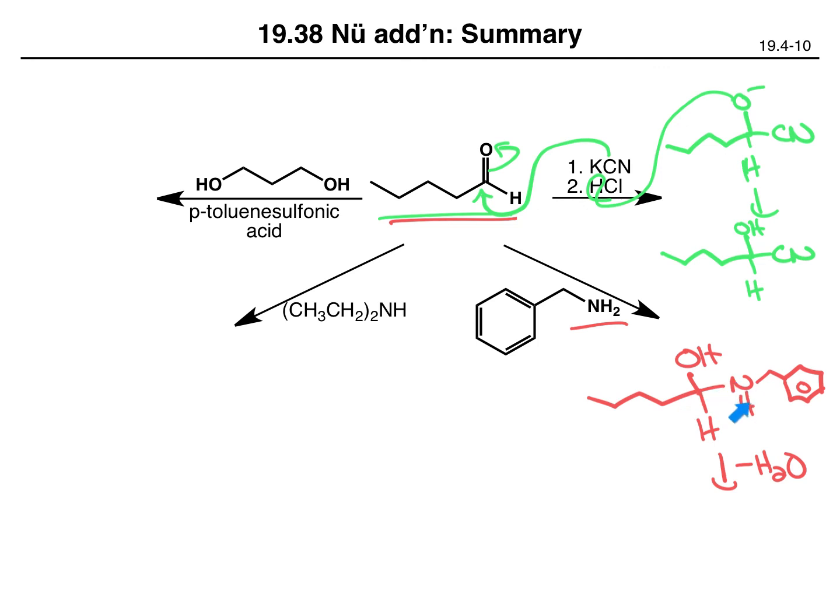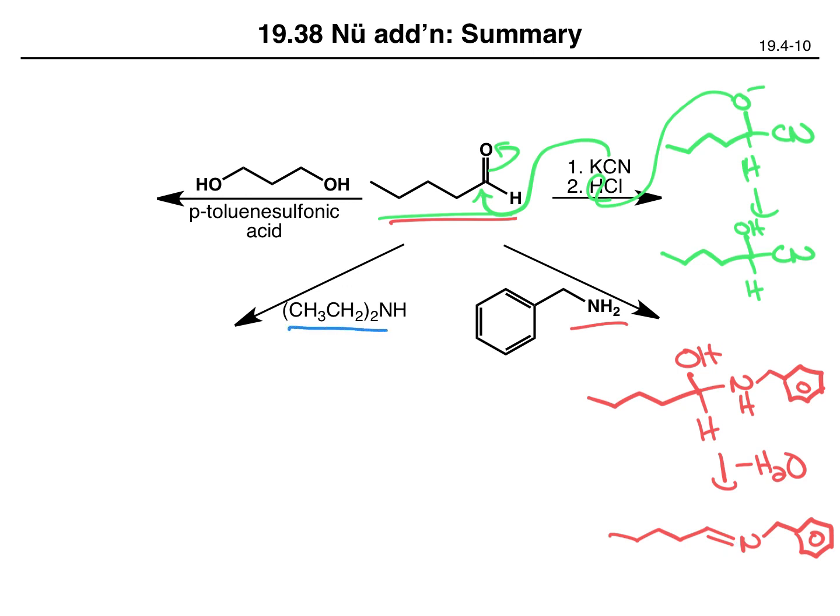If the nitrogen has a hydrogen, then this is where we're going to lose the hydrogen. So we lose H, OH to give this compound. So remember, this piece came from the aldehyde, and this used to be the carbonyl carbon. Now it is the imine carbon.